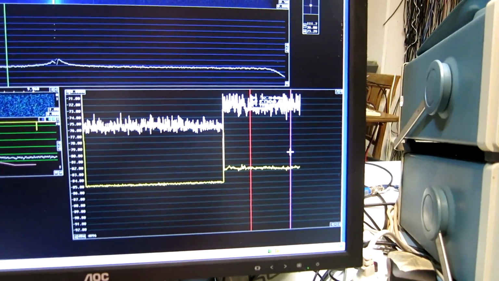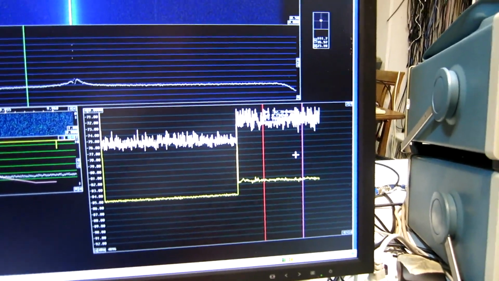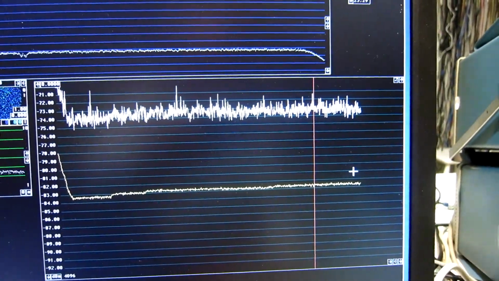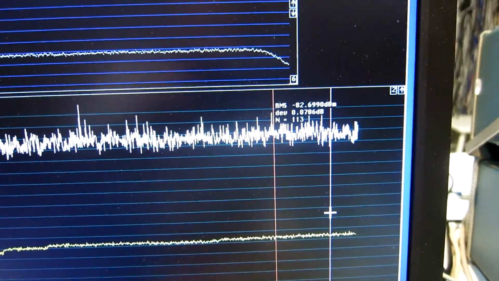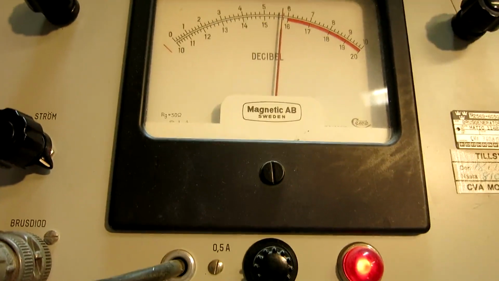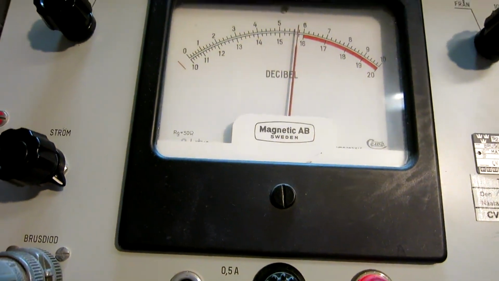Once again, 82.7. To get the same reading, minus 82.7, by use of the noise source, I have to set it to a noise figure of 5.7 dB.